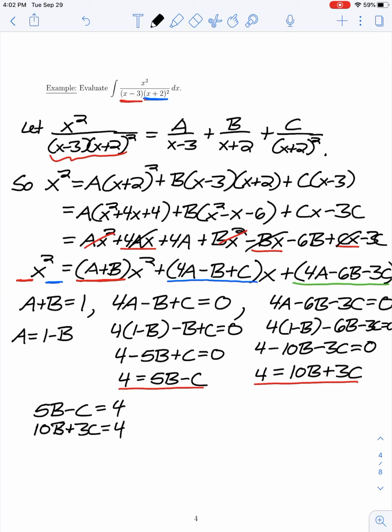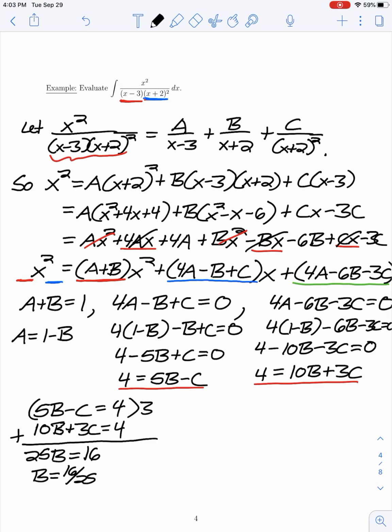So in order to solve, I could take my first equation and multiply through by 3, so that my coefficient of c is a negative 3c. And if I add that to the equation below it, then the c terms cancel. So I would have 15b plus 10b, or 25b, is equal to 12 plus 4, or 16. So b would be 16 over 25.